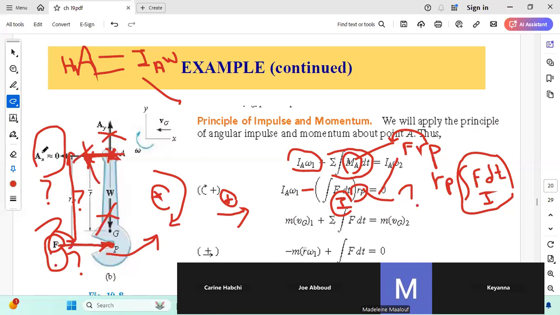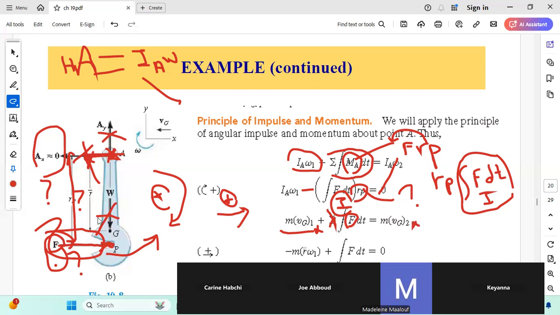If you look in the x direction, the only force is F. So if we apply linear impulse and momentum in x, you have m vG1 in x plus the integral of F dt. The only force doing an impulse is F, so it's just the integral of F dt, no need for summation, equals m vG at state 2 in x direction.